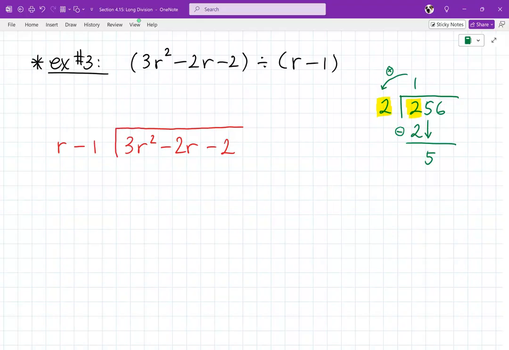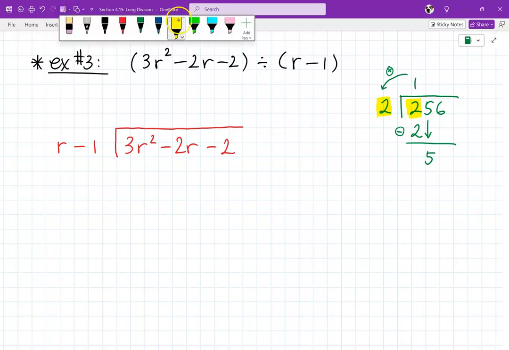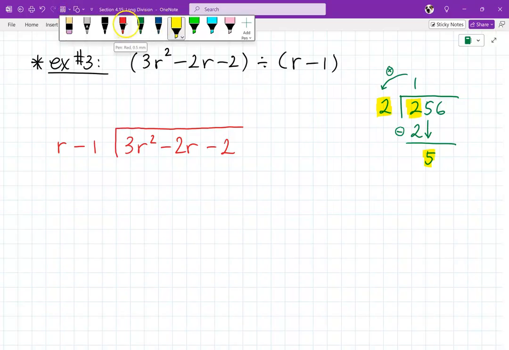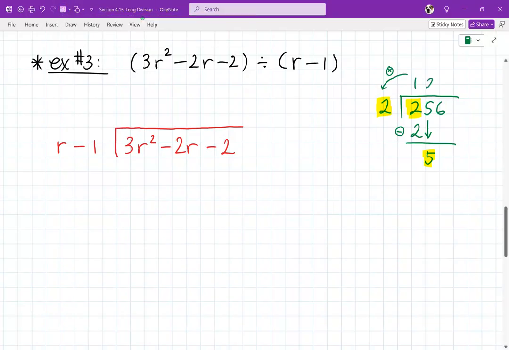And then I do the same questioning. How many times does that 2 in the front go into that 5? So again, we're focusing on the first numbers that are being dropped right here. So 2 goes into 5 twice. And then 2 times 2 is 4. And then we subtract.